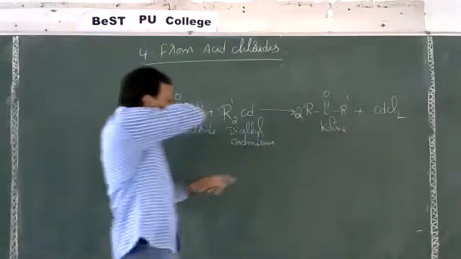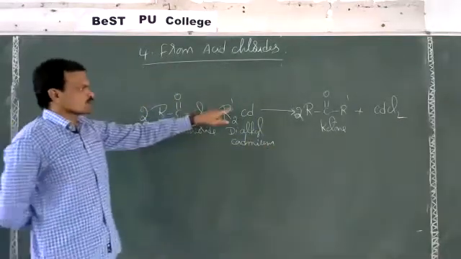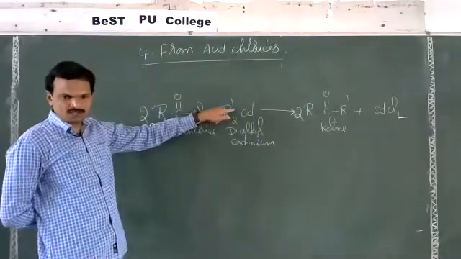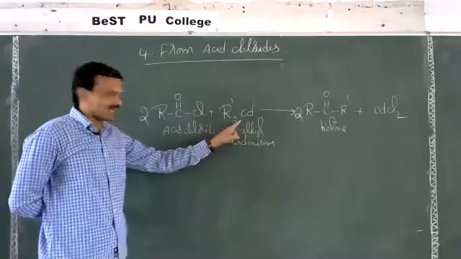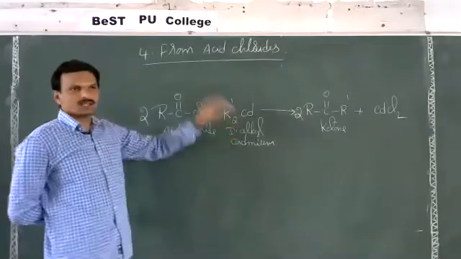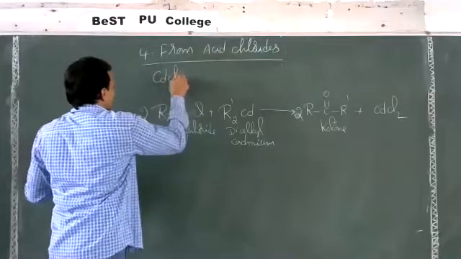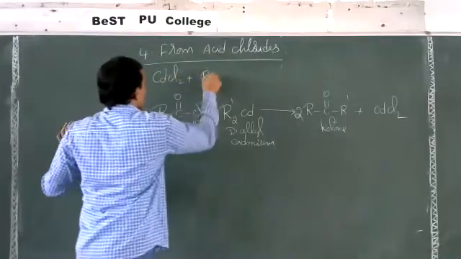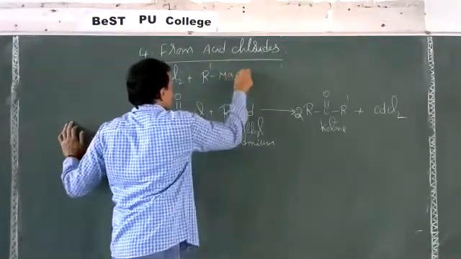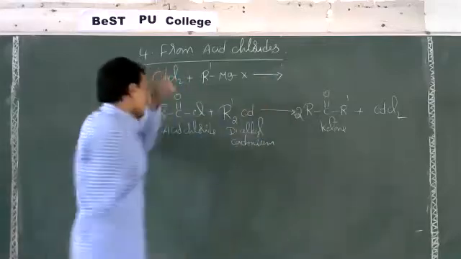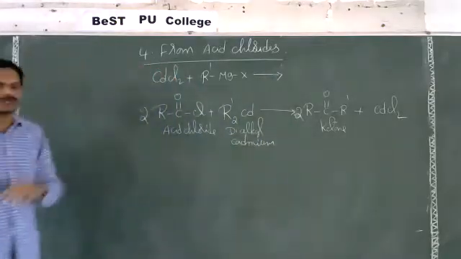But one thing, first of all, we should produce this dialkyl cadmium for this reaction, and the dialkyl cadmium required for this reaction can be produced by the reaction of cadmium chloride with Grignard reagent. This is the first step. First we should prepare dialkyl cadmium here.